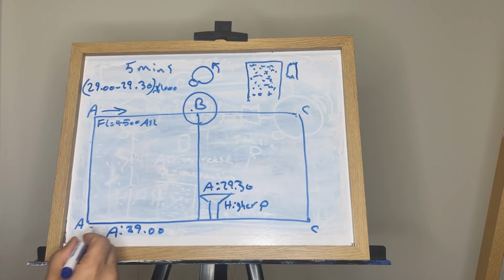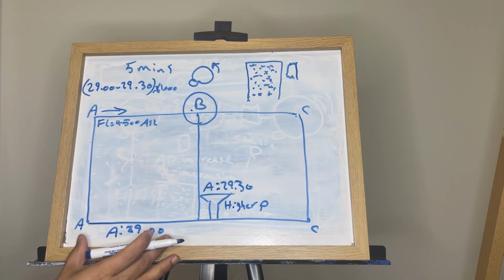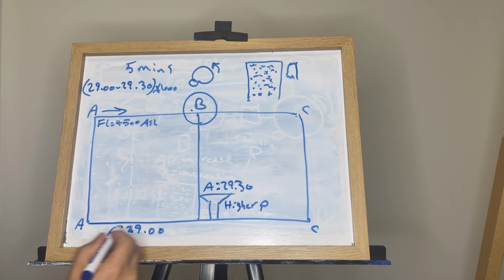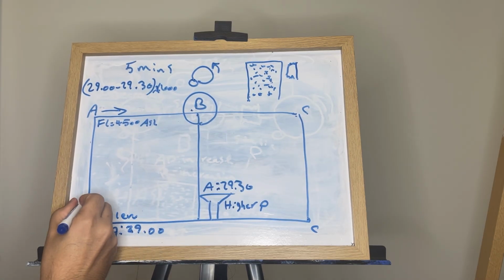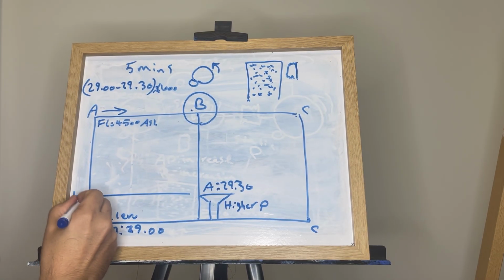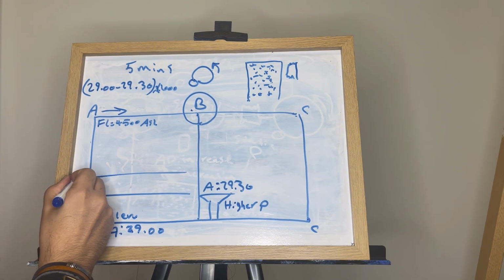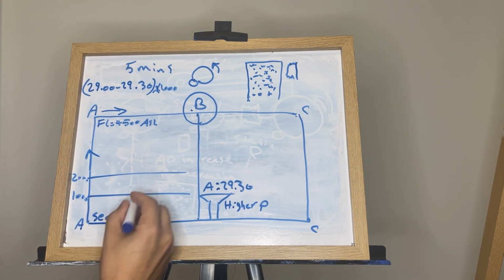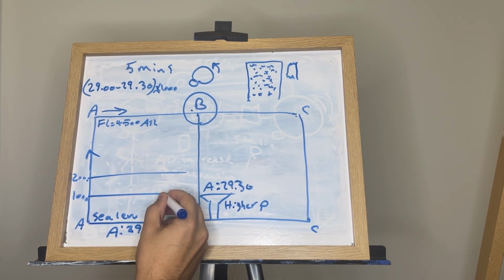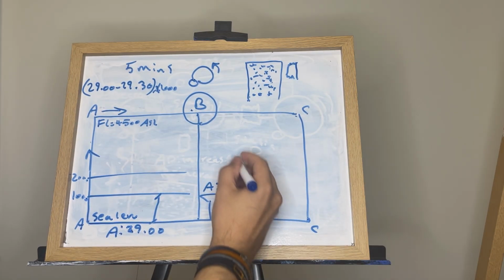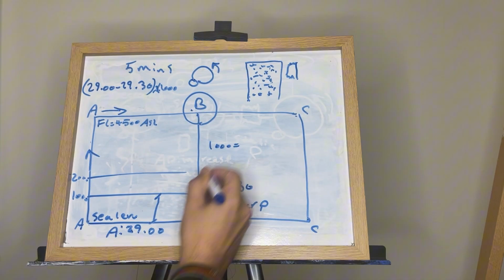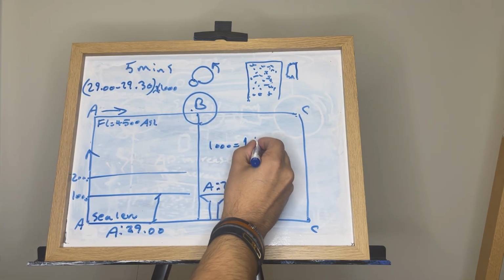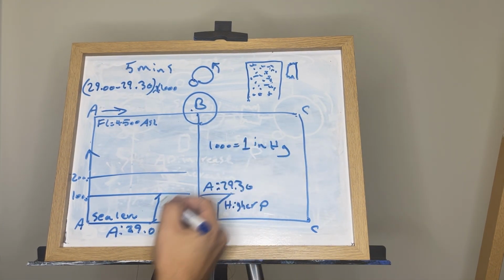As we know, assuming you are at sea level, for each 1000 feet going up, pressure decreases 1 inch of mercury.